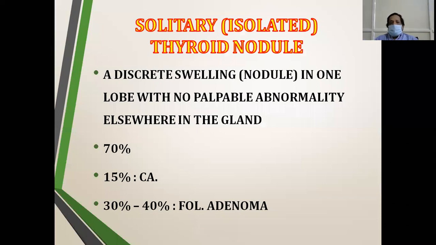Now coming to solitary or isolated thyroid nodule. What is the definition of a solitary or isolated thyroid nodule? A discrete, clear swelling in one lobe with no palpable abnormality elsewhere in the gland. Observe carefully: there is a single swelling palpable in either of the lobes or in the isthmus region, and there is no palpable or visible abnormality elsewhere in the gland.